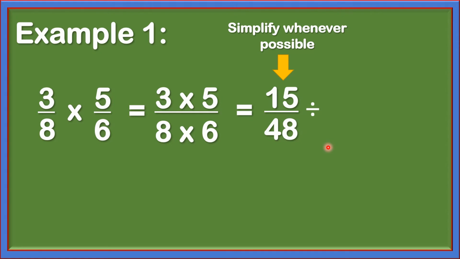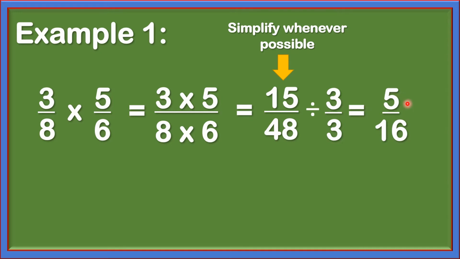If you still remember, we divide it by 3. Dahil ang makaka-divide sa dalawang number, sa numerator at saka denominator ay 3 at saka 3. So, 15 divided by 3 is 5, while 48 divided by 3 is 16.